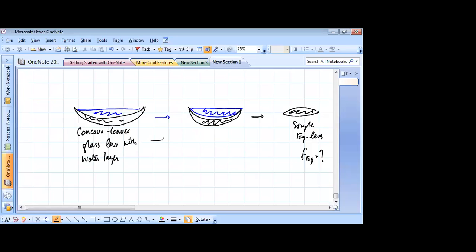So this is equivalent to a concave convex glass lens in contact with a convex water lens in contact. That is equivalent to a single thing.